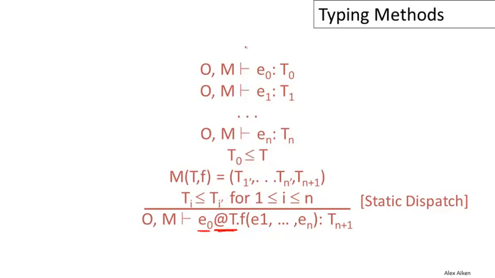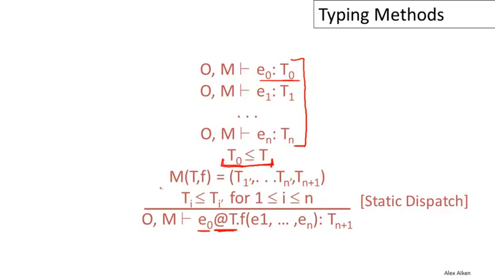And how is that expressed in the type rules? Well, once again, we type E0 and all of the arguments. And now we require that whatever the type was we discovered for E0, it has to be a subtype of T. So T has to be an ancestor type in the class hierarchy of the type of E0.